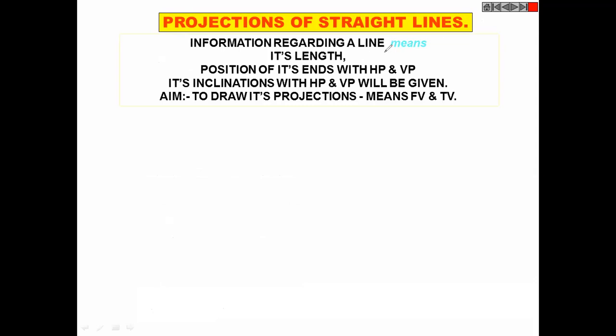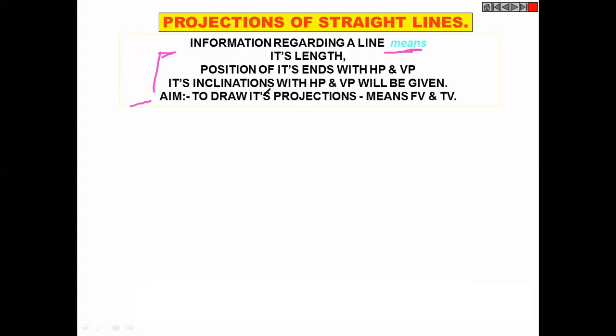Its length, the position of its ends, ideally both ends, otherwise one end, with HP and VP, and its inclination with HP and VP. So the ideal problem is: you are given this much and you need to find this.